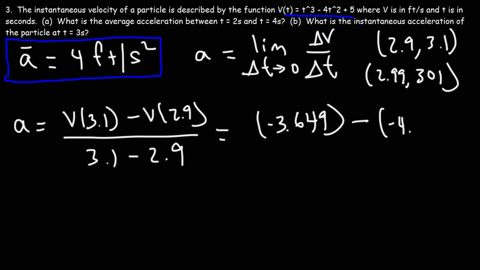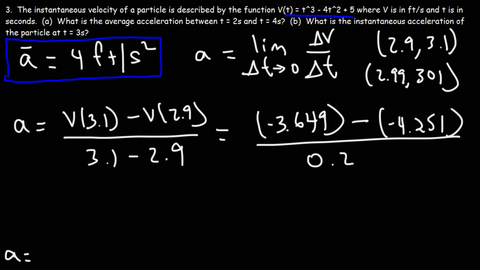That's negative 4.251, divided by 0.2. So negative 3.649, and this is going to be plus because we have two negative signs. So plus 4.251 divided by 0.2. It gives us an instantaneous acceleration of 3.01 meters per second squared.